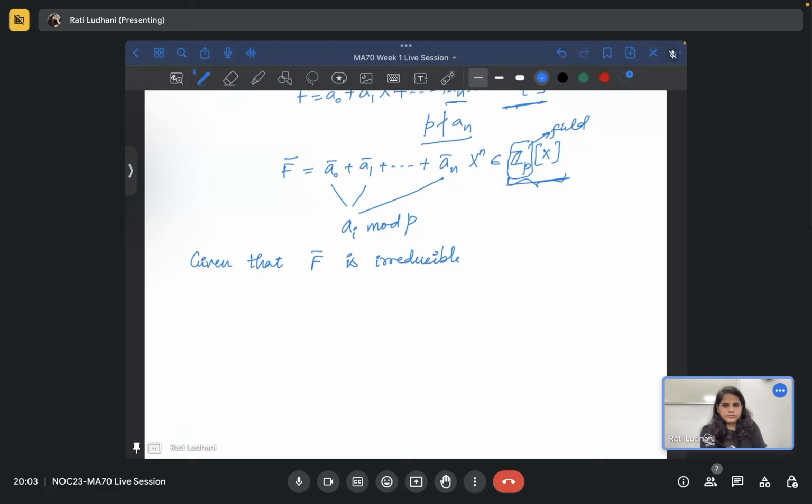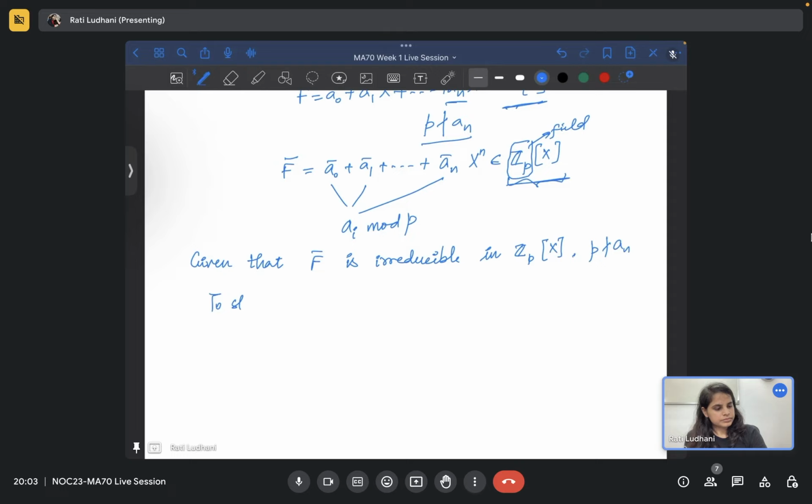Okay, and you need to show that f is irreducible in Z[x]. Okay, so let's say this is not, of course, that is the best way to do.